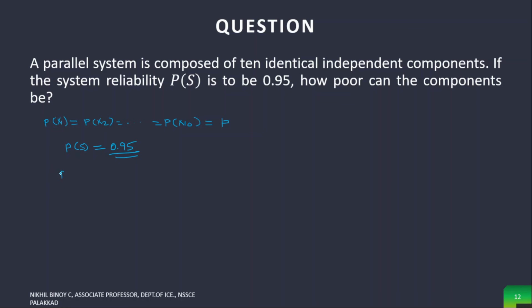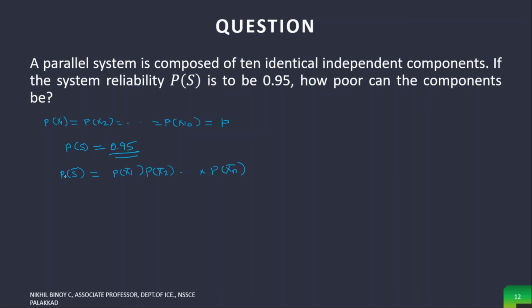We can find P of S bar. Right? And what is P of S bar? If you have 10 parallel components, that is P of x1 bar into P of x2 bar etc. into P of xn bar. Because all are independent. So this one is the probability of failure of the system.